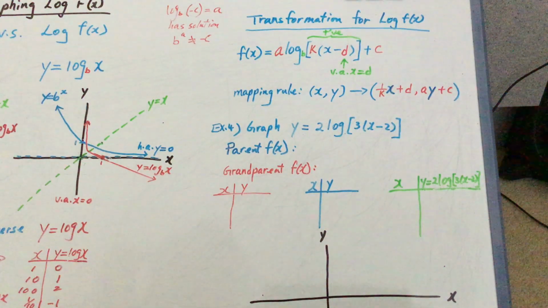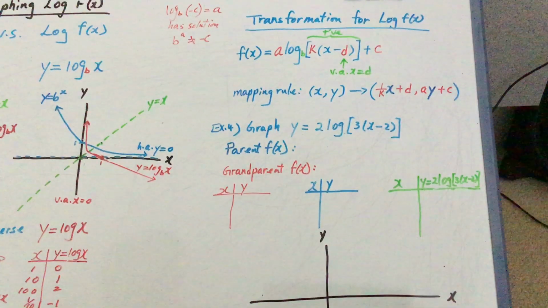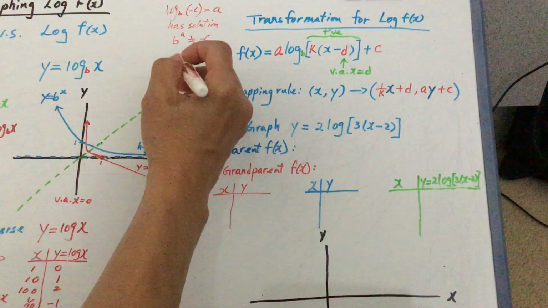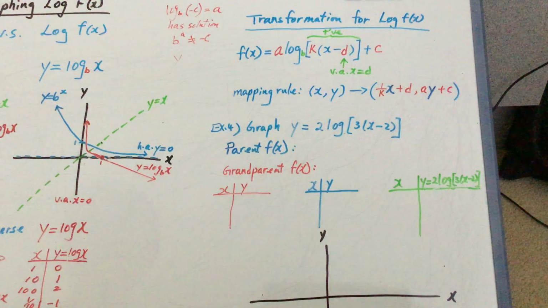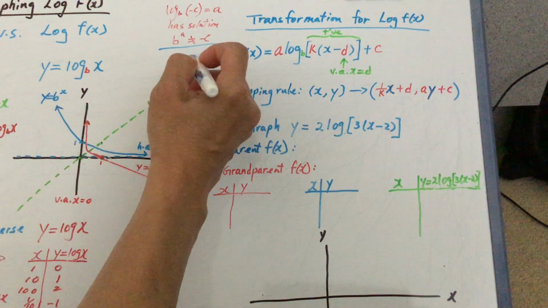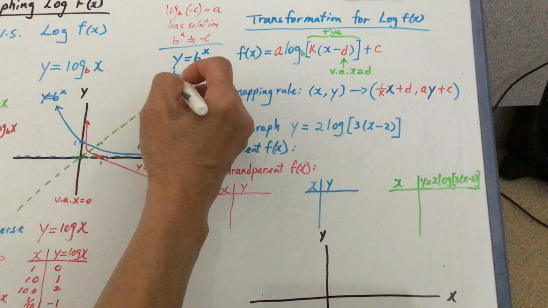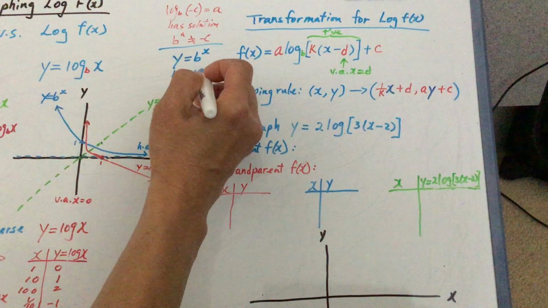Also, in the exponential form, y is equal to b to the x, and we always have a horizontal asymptote at y equal to 0.